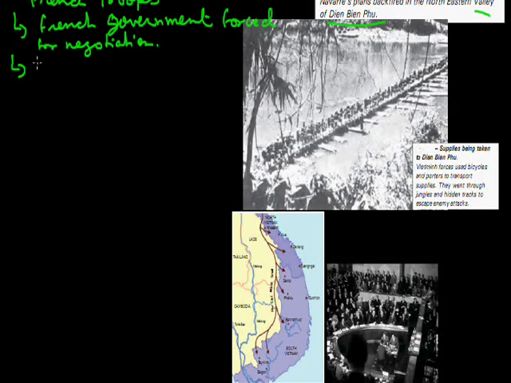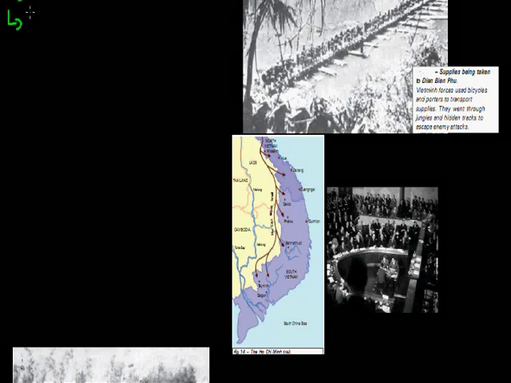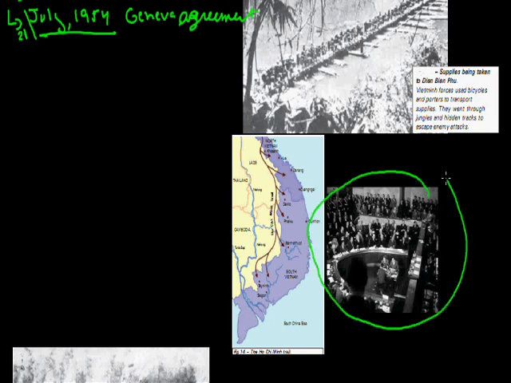And this is how, as you can see here in this picture also, in July 1954, that was on 21st July 1954, the Geneva Agreement was made. This Geneva Agreement decided to divide Vietnam into two parts. As you can see here, from here they divide it into two parts.